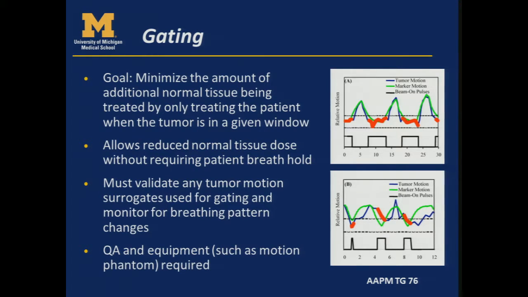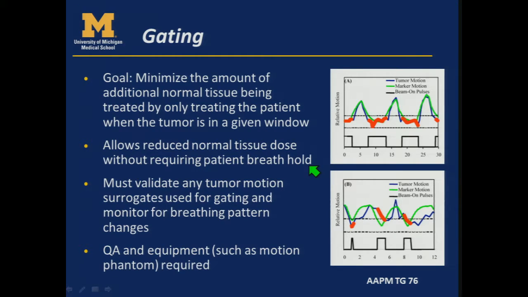So in our clinic, we certainly prefer to use a breath hold technique over free breathing, but not every liver or lung patient can actually hold their breath with or without a device. And so gating is a great option for those patients that have trouble with compliance or other issues because it's kind of passive on their part.